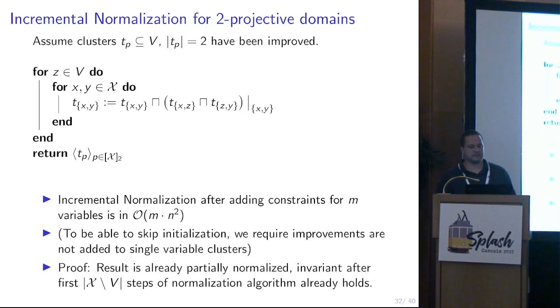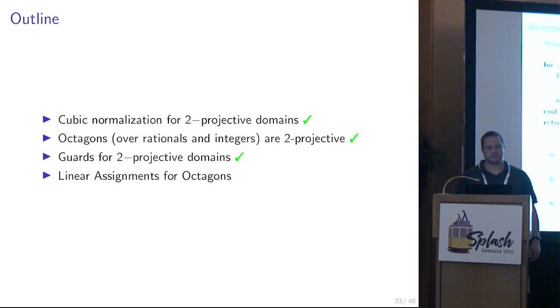And for the proof, we rely on the fact that you have already partially normalized the result. So basically, you have already obtained the invariant that you would obtain after the first x set minus v steps. And this already holds, so you basically only need to consider the last v steps here. So we have also quickly remarked on these guards for 2-projective domains.